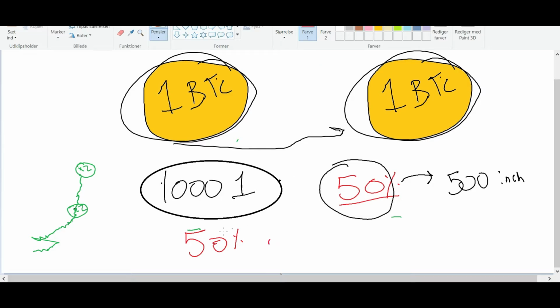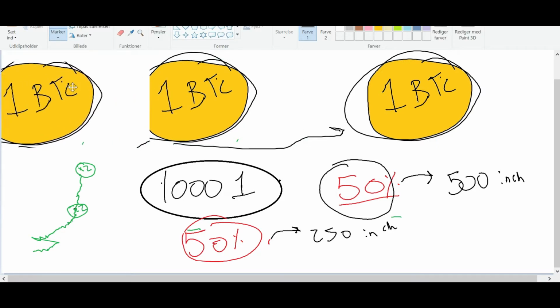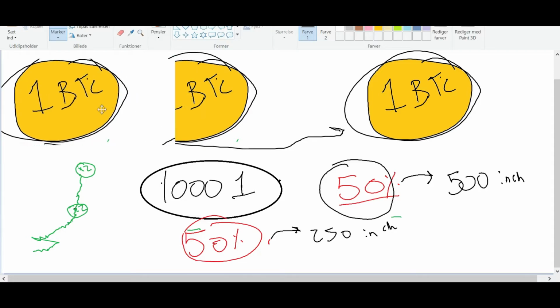So we sell half again. And now how much are we left with? We are left with 250 1inch. But what do we have at this point? We do have one more BTC. Would you get my point?